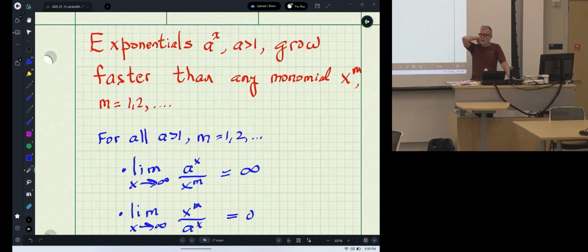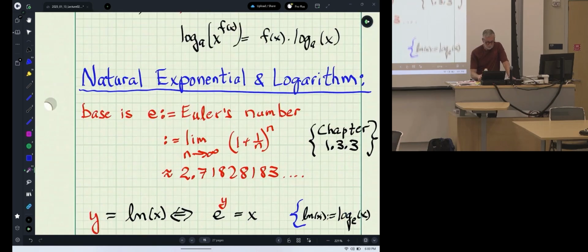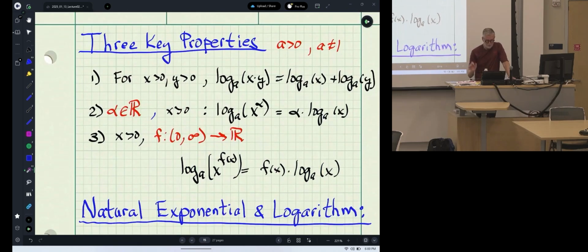Okay, any questions on basic roots, powers, how they're defined, logs, exponentials? Really, these are the 3 things you want to know about logs. So, log of a product, as long as all of the terms are positive, is the sum of the logs.